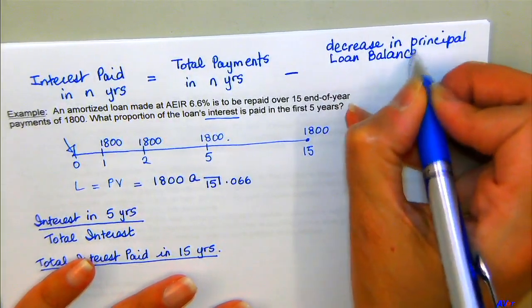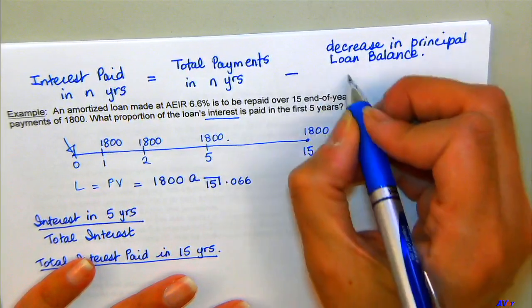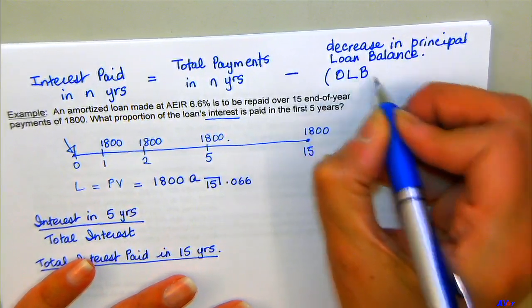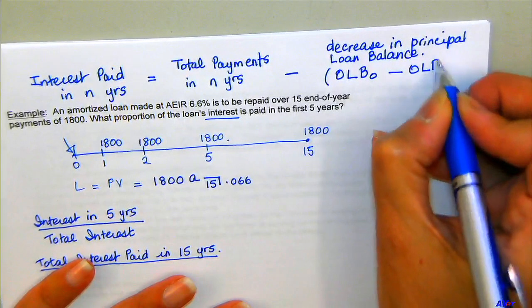So this part is obtained by OLB0 minus OLBN.